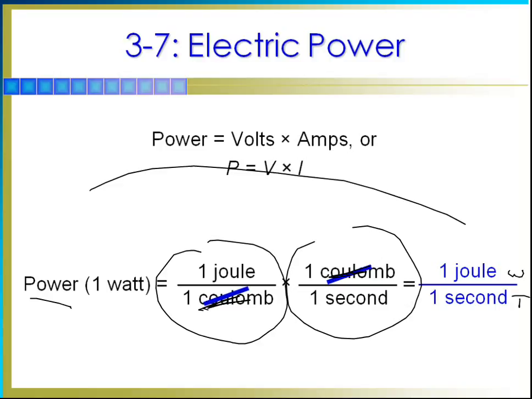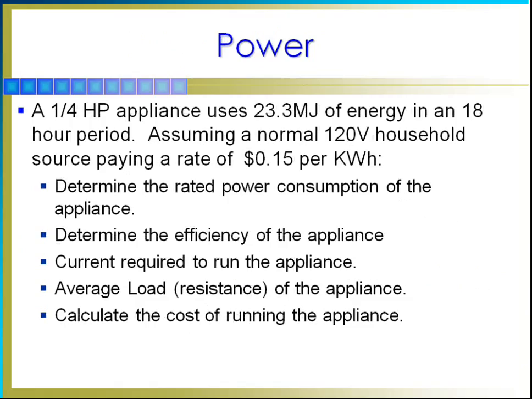Why is this important? Well, we can measure the number of joules, the amount of work energy that's expended at any given time by something that's using up work energy. From that, we can derive several aspects of the device that is using that energy. For example, I have an appliance.